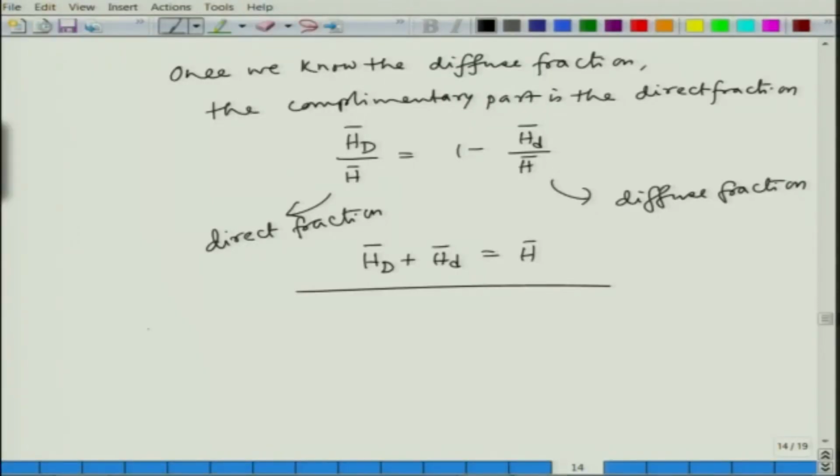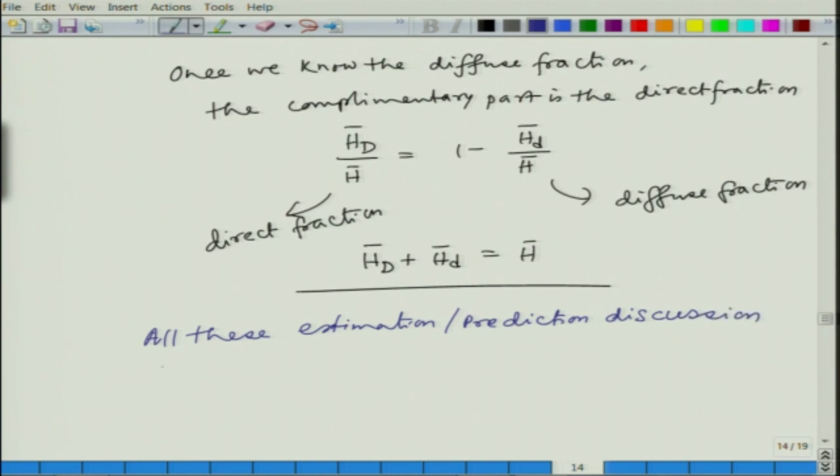Now, all these estimation or rather prediction discussions can be extended to hourly average values.